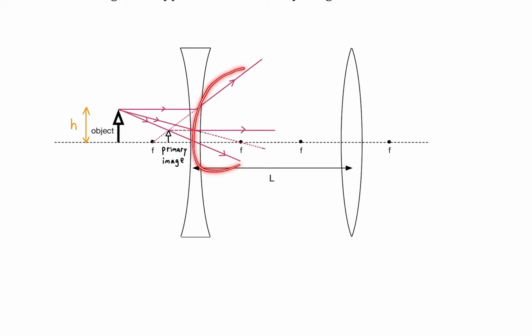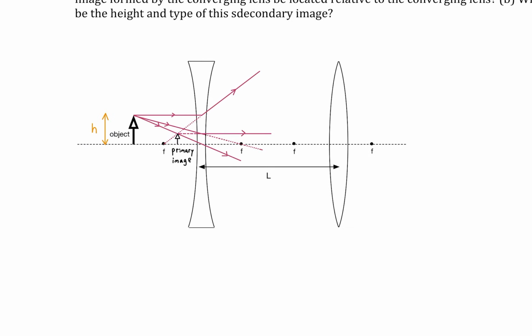If we consider the 3 diverging rays and project them back, we end up with the actual location of the primary image, which is this larger spaced dashed line representing the projection of this particular divergent ray back in. We don't need to draw the projection of these 2 divergent rays because they just overlap on the lines already drawn. But regardless, where all 3 projections of diverging rays overlap is our primary image location, which is a virtual upright image.